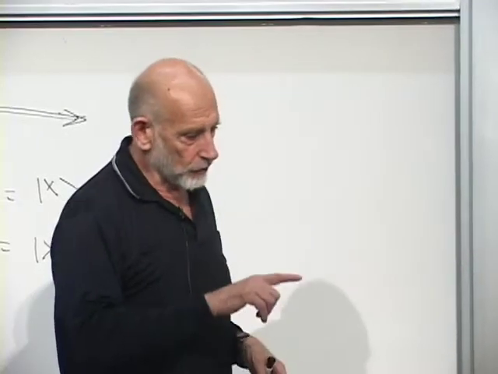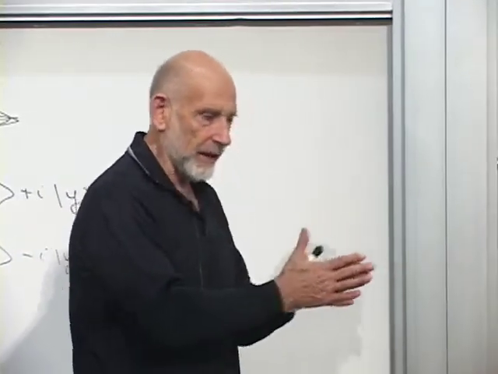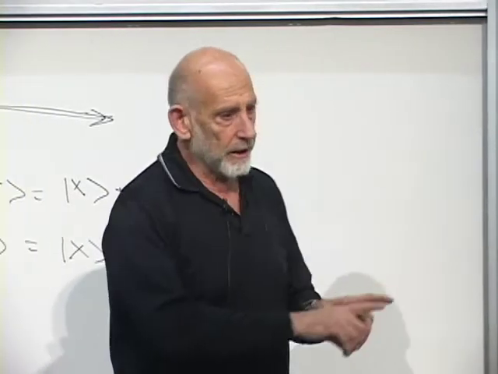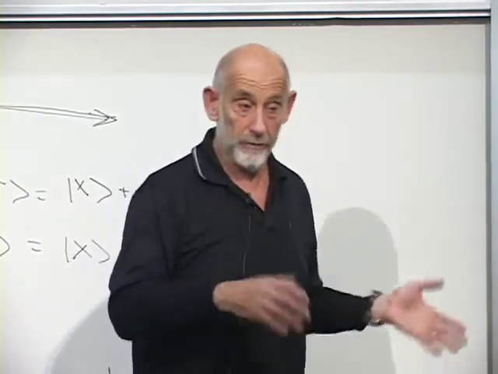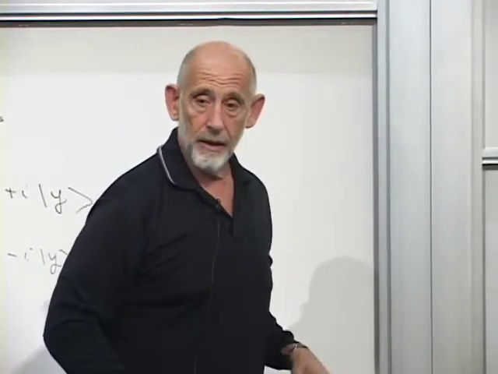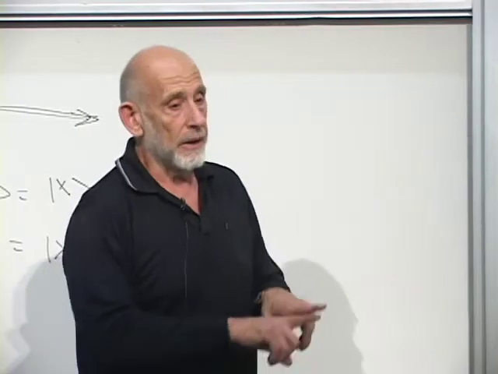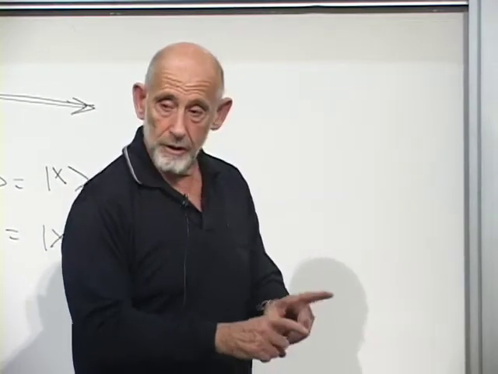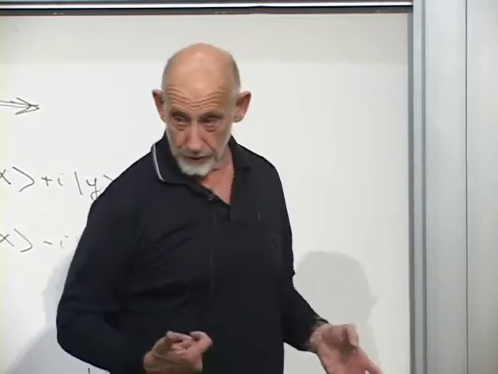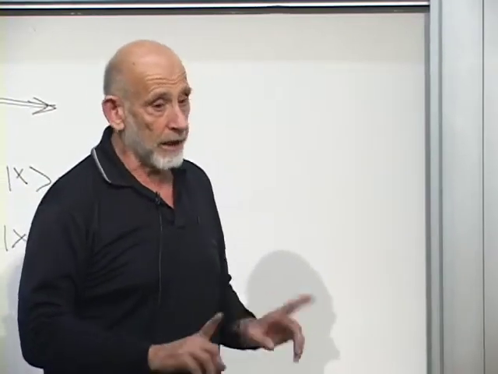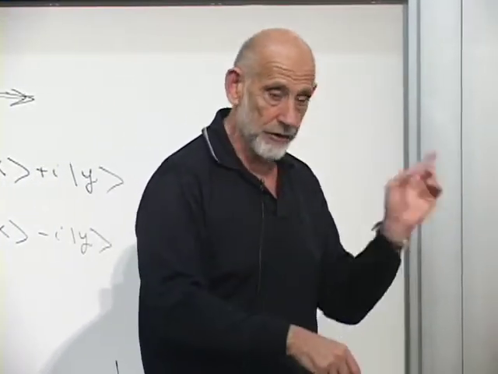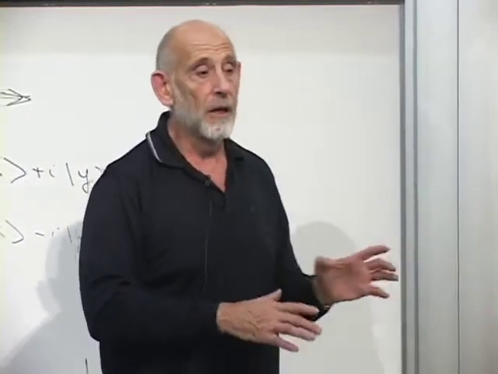Imagine taking two photons, sticking them together, letting them move down the axis. There could be various possibilities for the angular momentum of the two of them. They could both be circulating in the right-handed sense. Then the angular momentum would be 2 units. They could both be circulating to the left. The angular momentum would be minus 2 units. What you don't have is a graviton which corresponds to a photon of right polarization and a photon of left polarization.